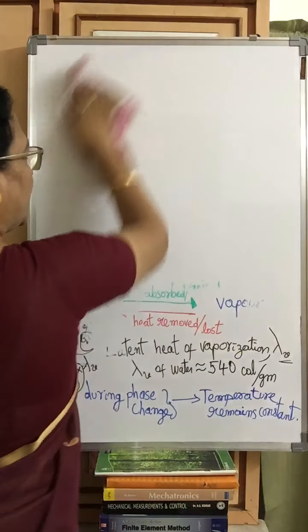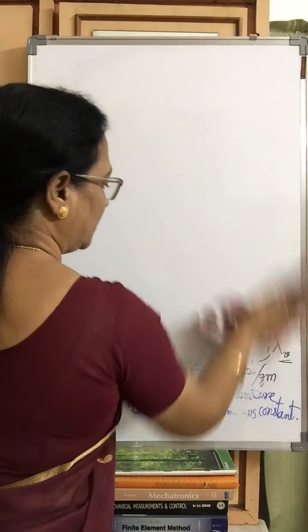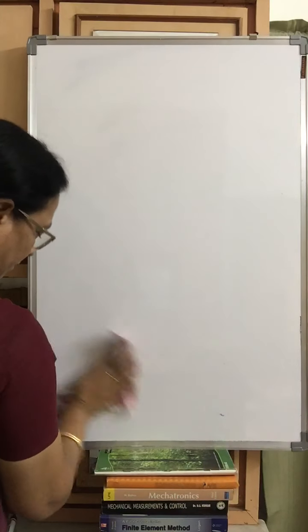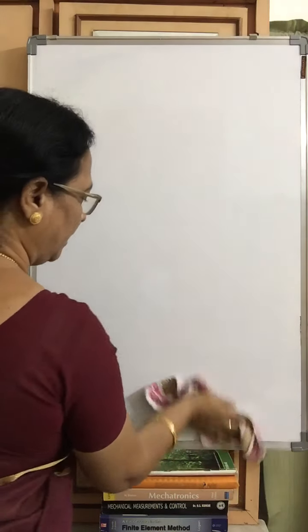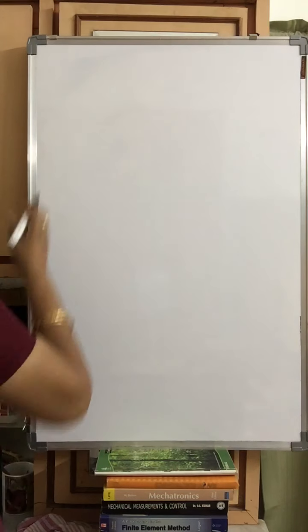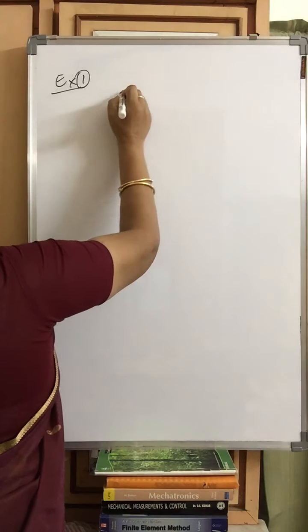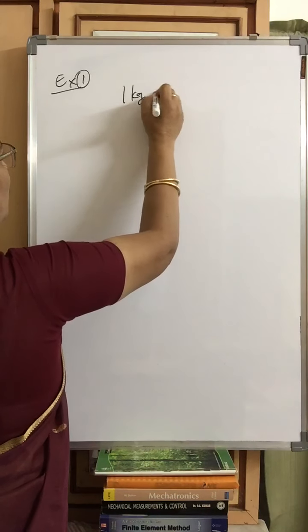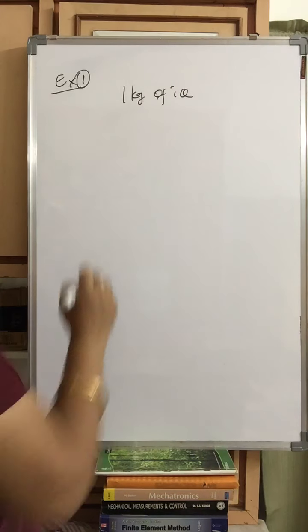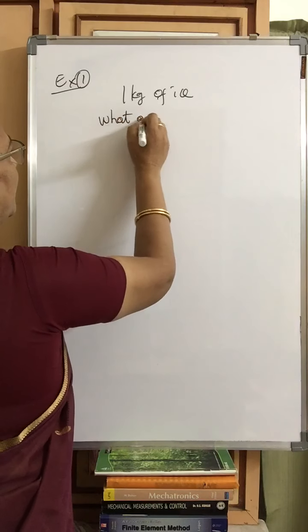We take a small example, say water. Suppose you have 1 kg of ice.